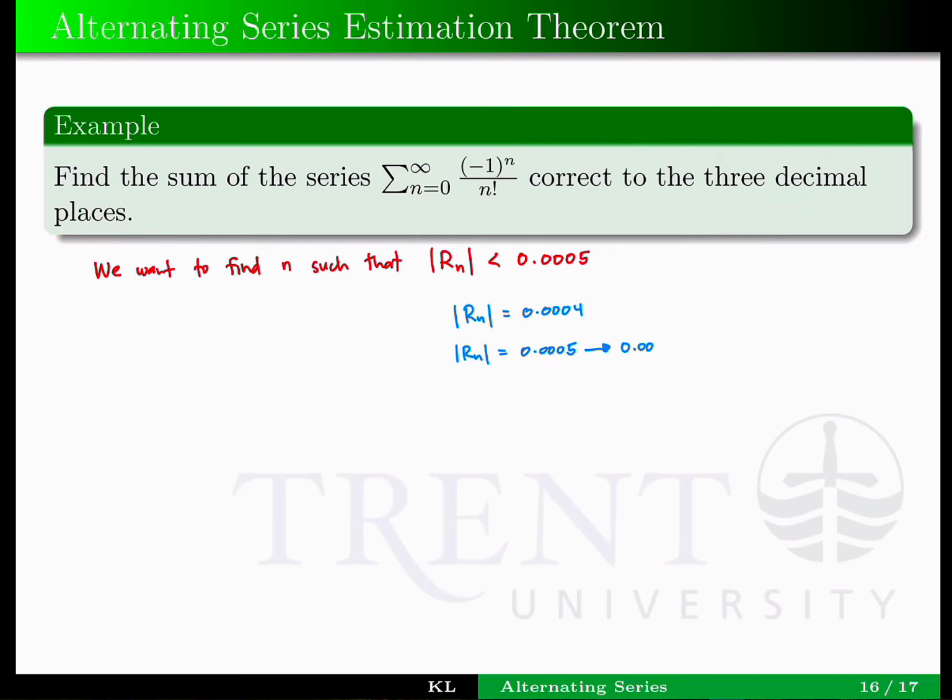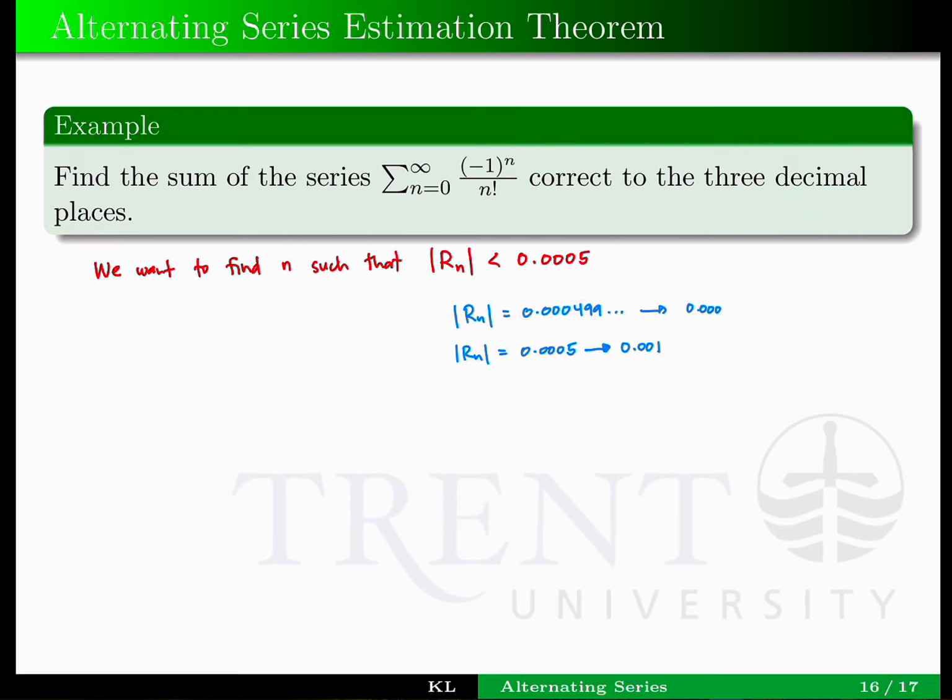So the third decimal place changed. It will add that 1 in your actual sum. So you want your absolute value of Rn to be strictly less than. Here, 0.000499 doesn't really matter. If you round this off, this is still 0.000, I mean, 3 zeros, correct? Because this is 4.